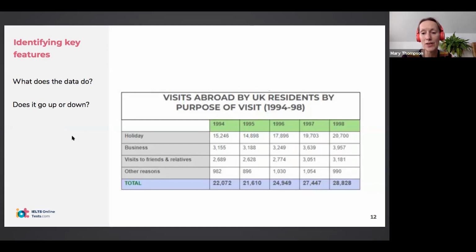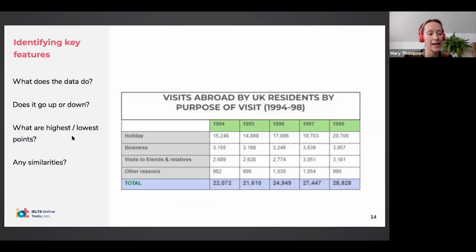So it increases. And if you look at the numbers, they all increase. Each row increases pretty much, apart from the other reasons. What are the highest and lowest points? Holiday, the highest, that's right. Yeah, 896 is the lowest. Okay, that's for other reasons in 1995. Yeah, that's correct.